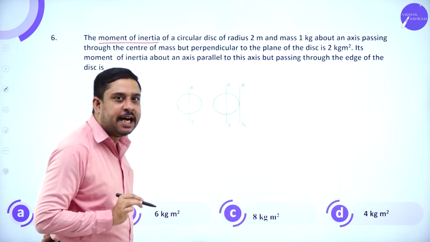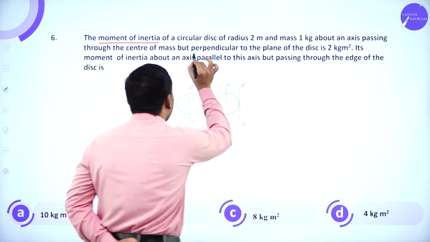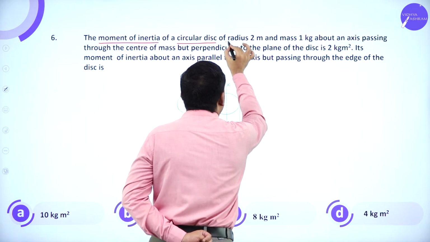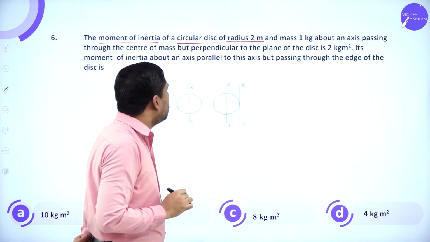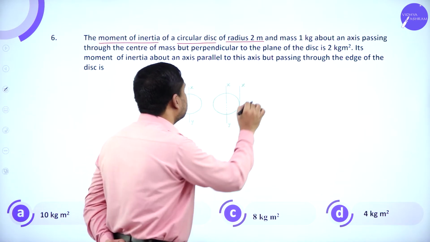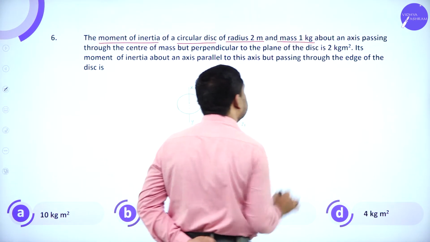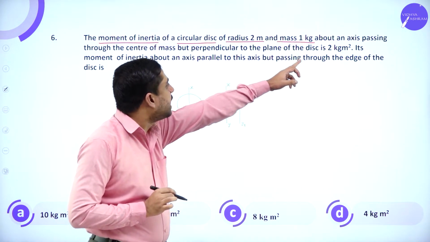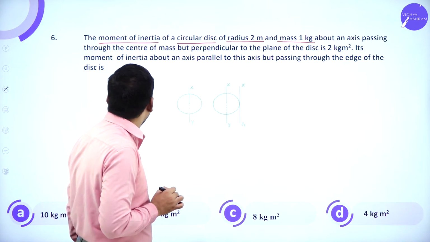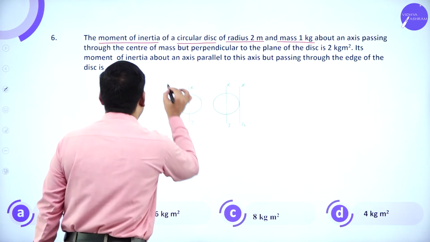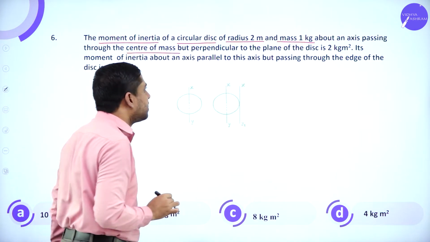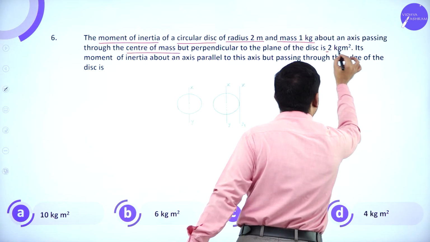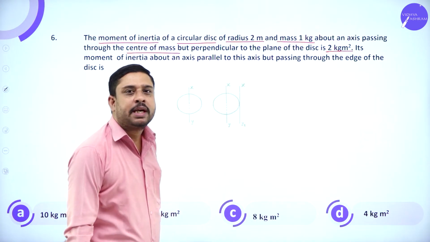The moment of inertia of a circular disk of radius 2 meters and mass 1 kg about an axis passing through the center of mass but perpendicular to its plane is 2 kg meter square.